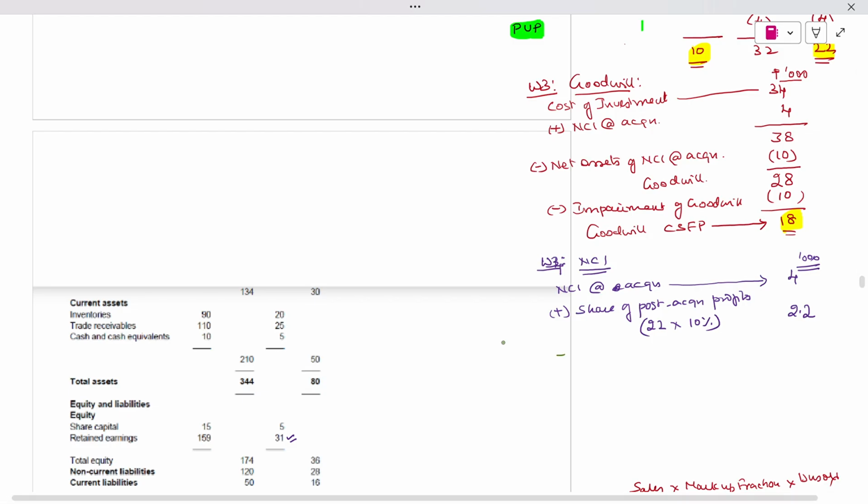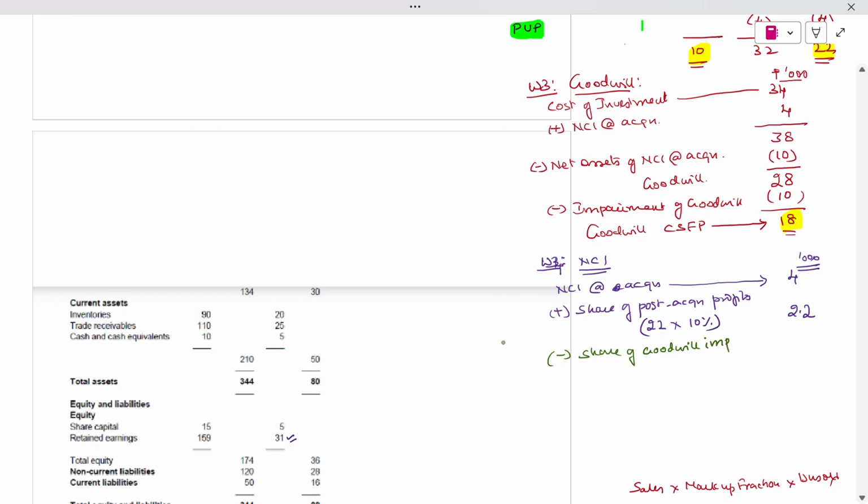Minus share of goodwill impairment. How much is there? 10 times 10%, it comes to 1.00. Are you clear about this?